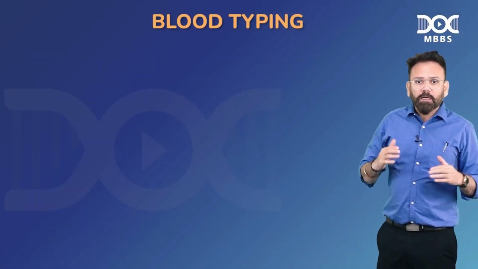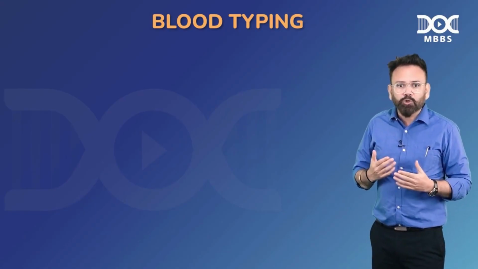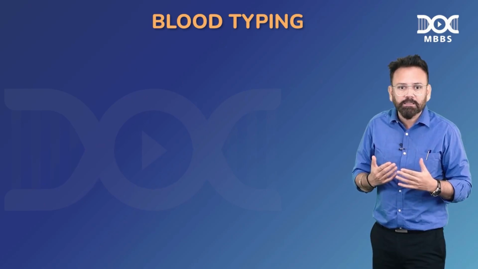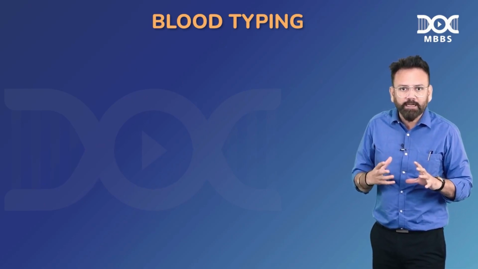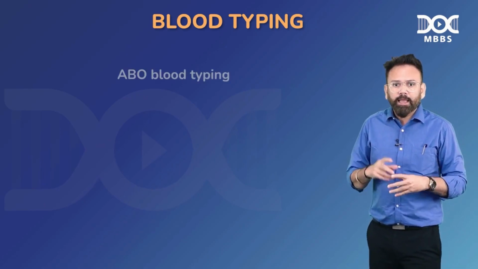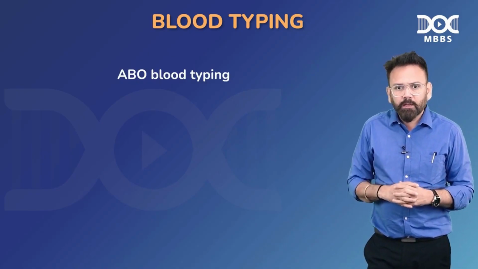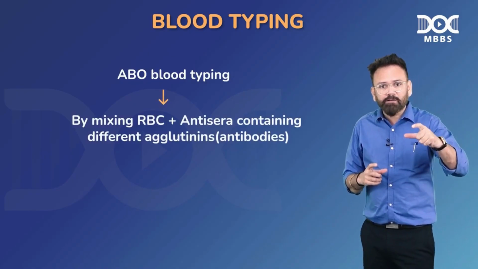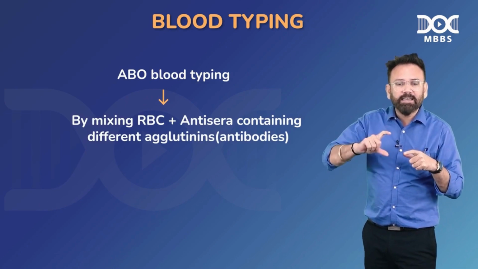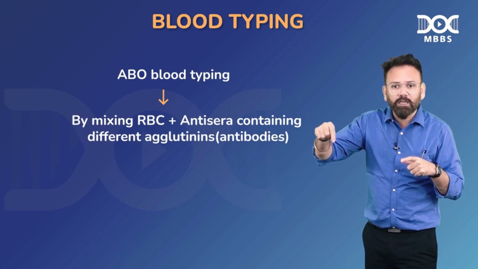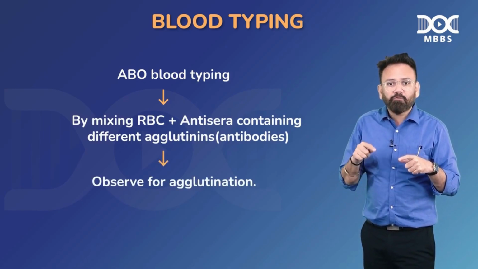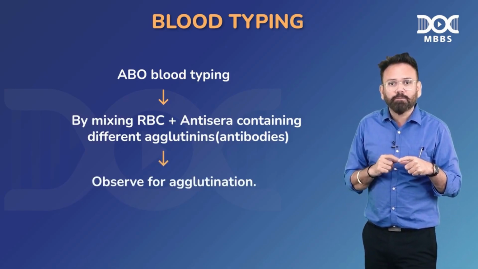Okay. The agglutination reaction is produced by mismatched plasma and red cells. This is how it is produced. ABO blood typing is performed. How do you know which blood group is there? By mixing an individual's red blood cells with anti-sera containing various agglutinins on a slide and seeing whether agglutination is happening or not.